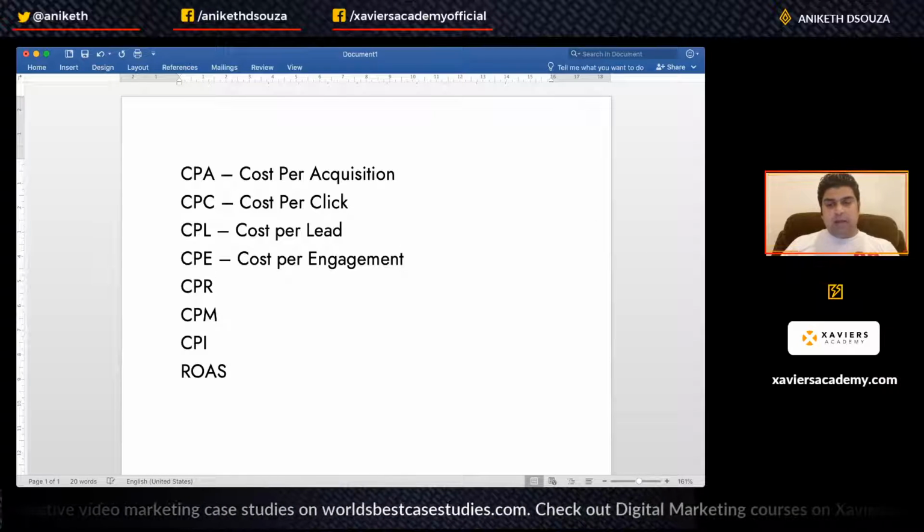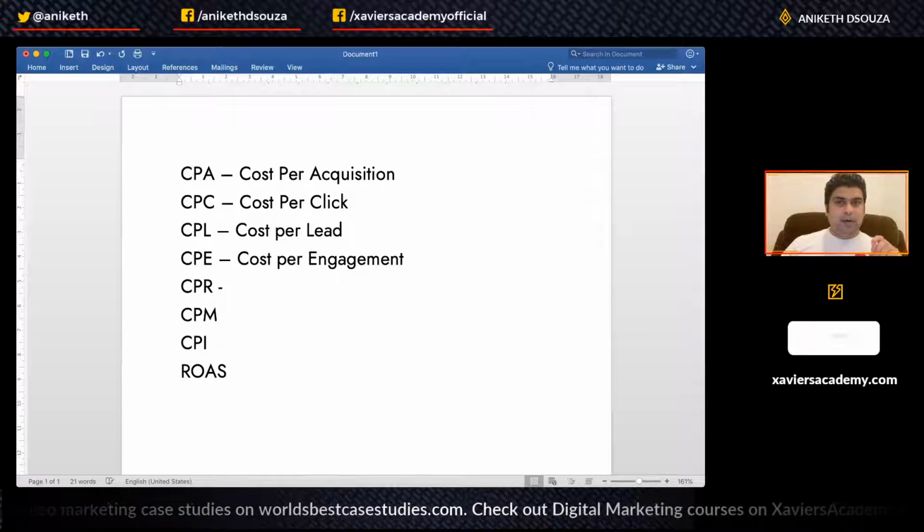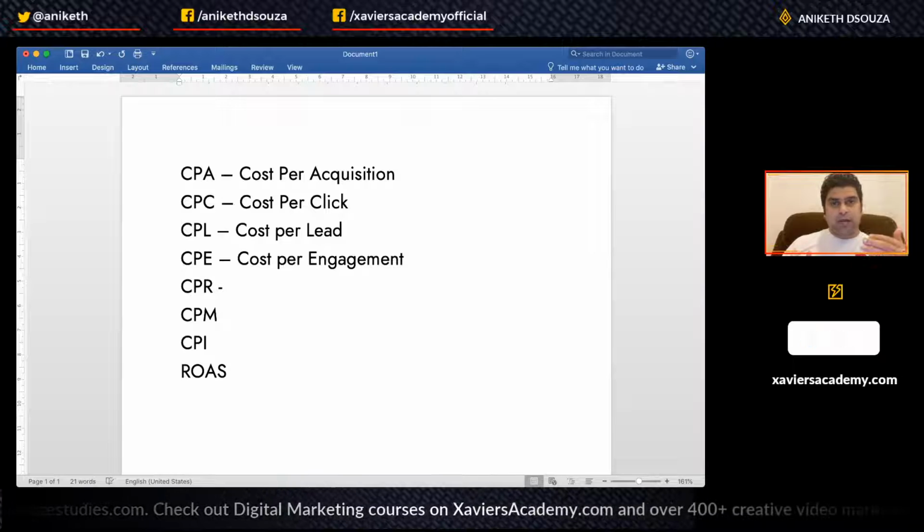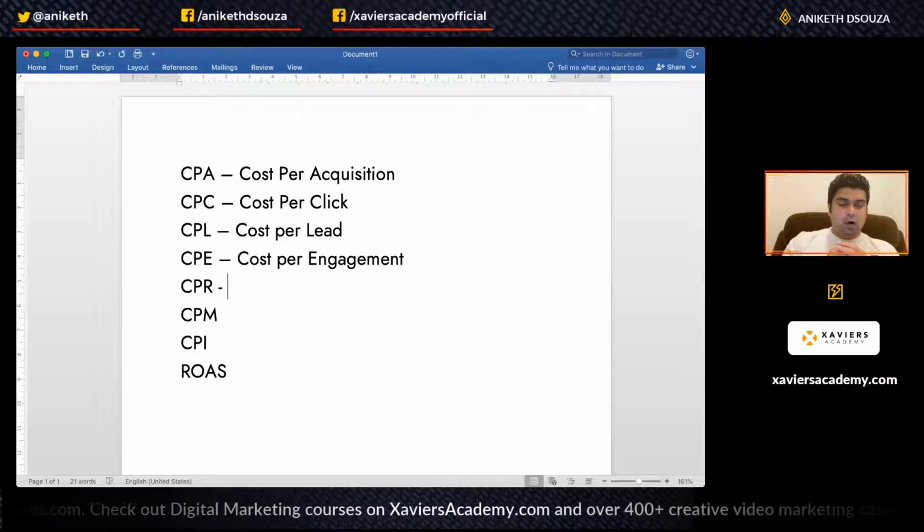CPR is a term that is used on Facebook, because when you run ads on Facebook, you have multiple objectives. You've got objectives for trying to drive leads, objectives for trying to drive clicks, and objectives for trying to drive landing page views.